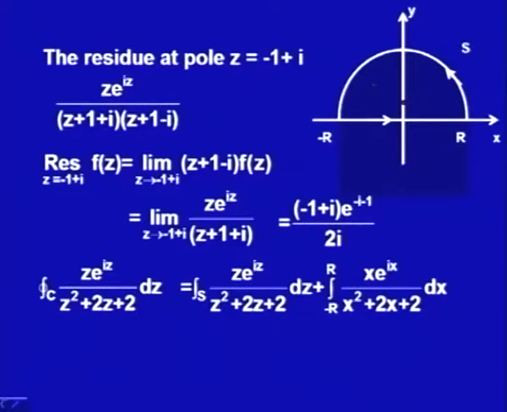Now, minus r to plus r is the real line, so I could parameterize it as x e to the power ix upon x square plus 2x plus 2, that is z equal to x. Now, this integral by the residue theorem should be equal to 2 pi i times the residue at z equal to minus 1 plus i of the function z e to the power iz upon z square plus 2z plus 2.